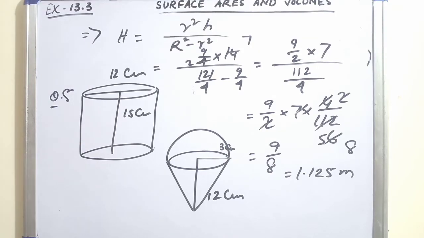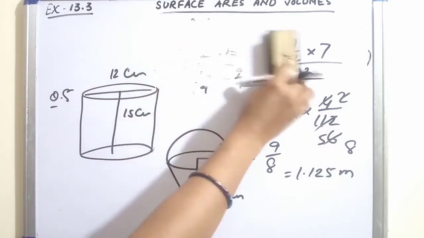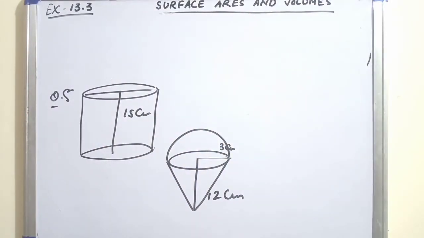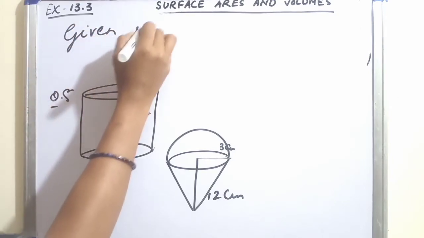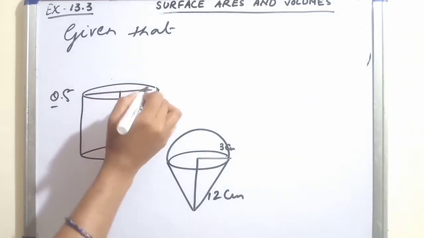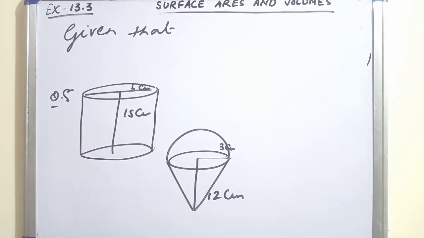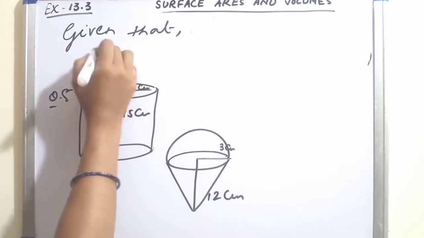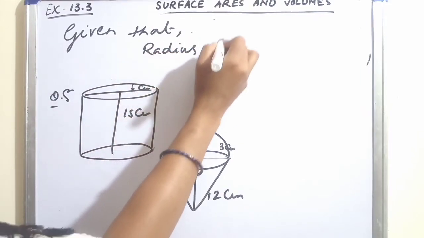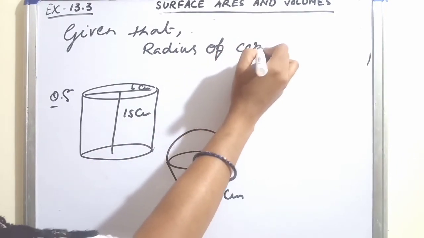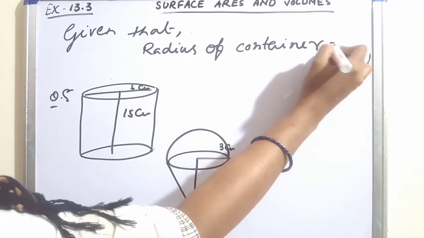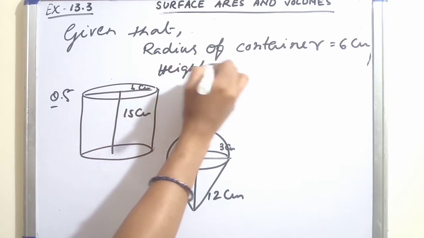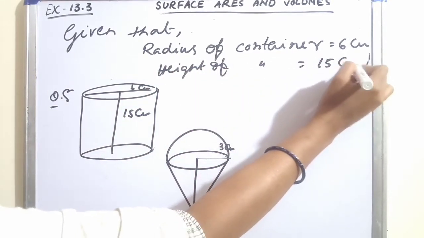So here, given that the radius of the container, that means the cylinder, is equal to 6 centimeter, because the diameter is 12 centimeter, and the height of the container is equal to 15 centimeter.